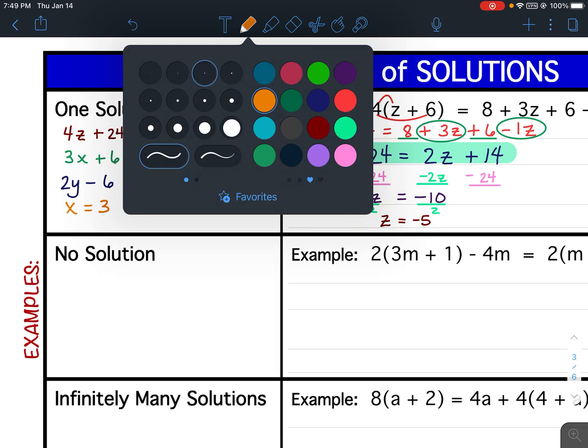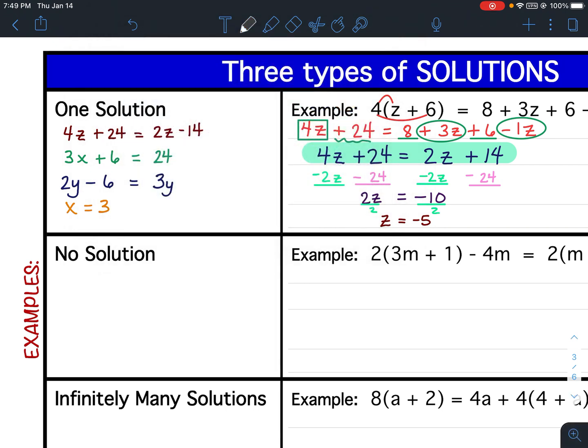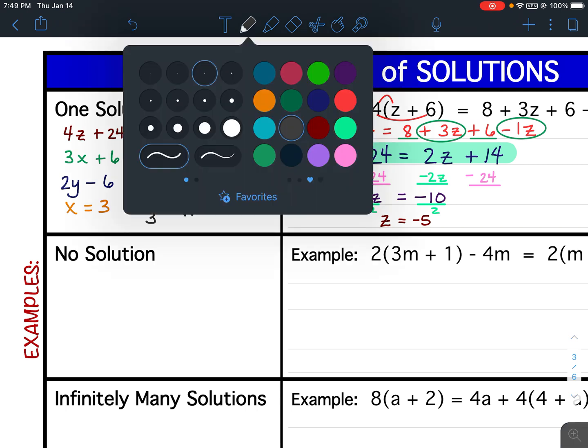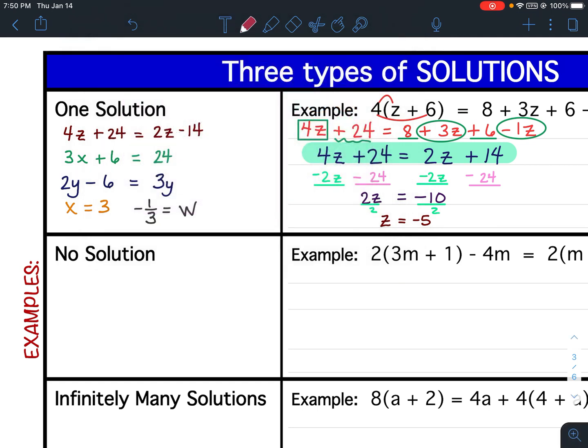Or maybe negative 1/3 equals w. And we'll do one more. How about z equals negative 5? All right, so that's what you're looking for.